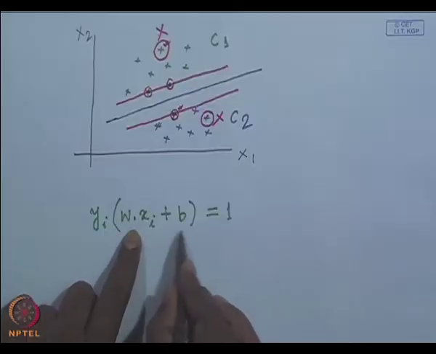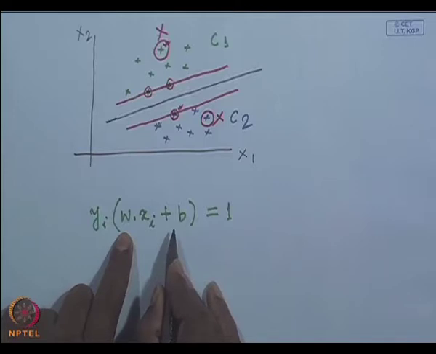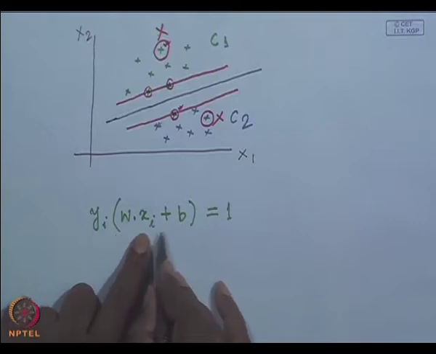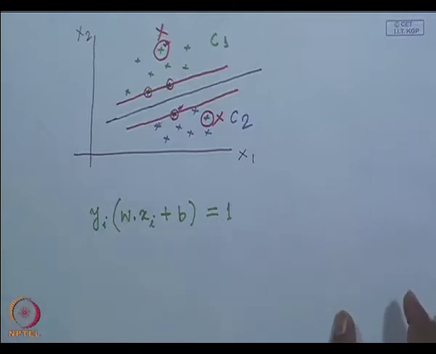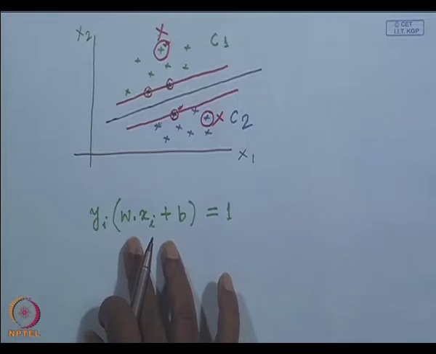And now, if you look at this expression, w dot x_i plus b is a measure of distance of point x_i from the plane w dot x plus b equal to 0. So, this is a factor which has to be used for designing my support vector machine.